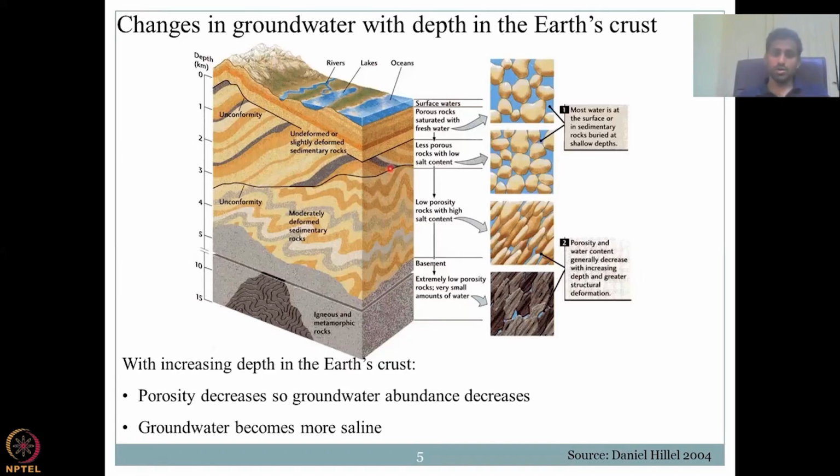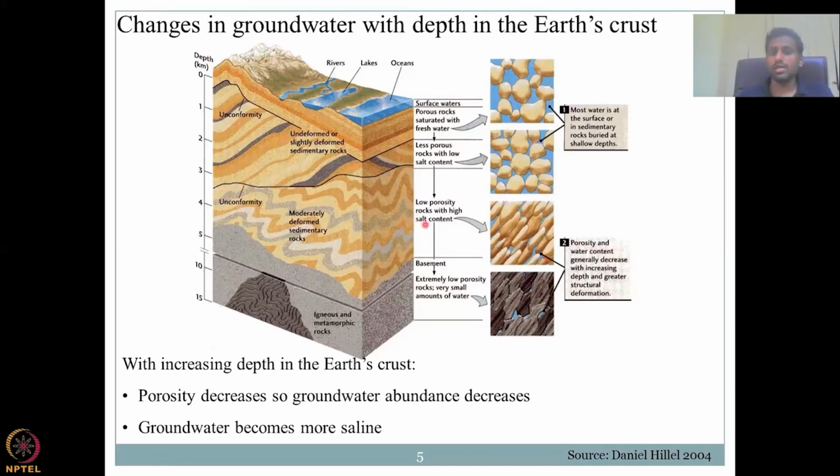If you go further down, the rocks are not as well developed into soil in this stage. It is not much weathered. So you still have the structure of the rock. You can see here the structure, the platy structure, etc. And that allows more compaction and also arrangement of your rock material, so that the pore space is limited.